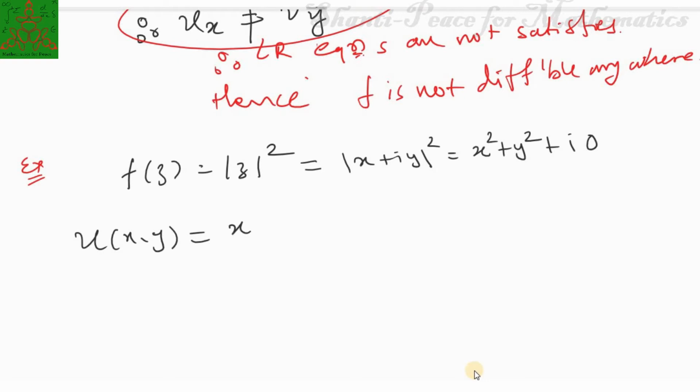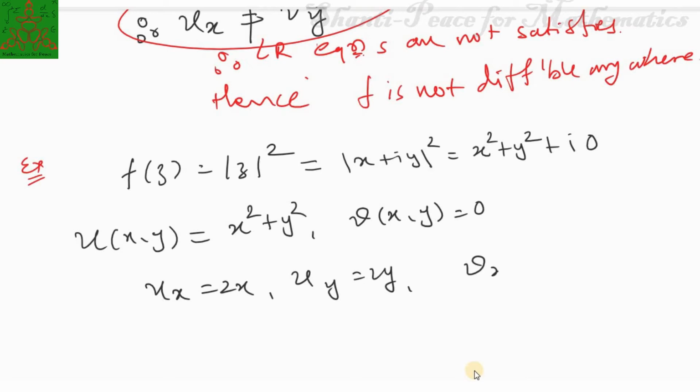So u(x, y) is x square plus y square, and v(x, y) is 0. So u_x is 2x, u_y is 2y, v_x is 0, v_y is 0. The CR equations are not satisfied except at x equal to 0.